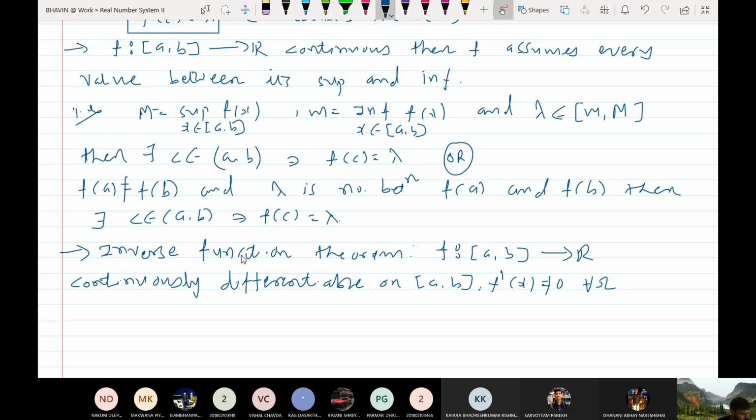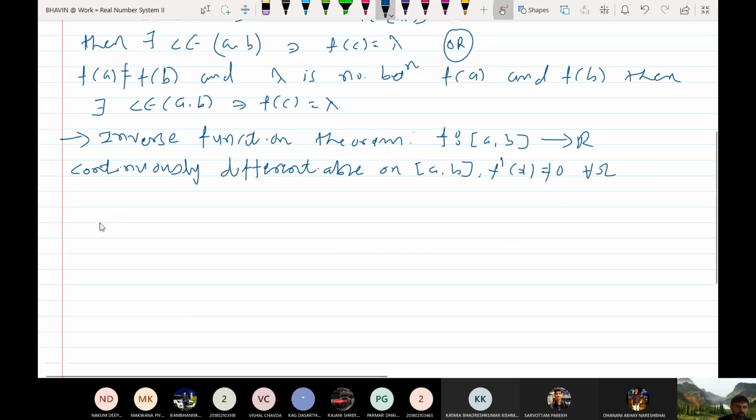We have seen that f is monotone and y0 equal to f(x0) suppose, then f inverse is differentiable and its derivative at y0 is equal to 1 upon f'(x0). Do you remember this? So this is the statement of inverse function theorem.